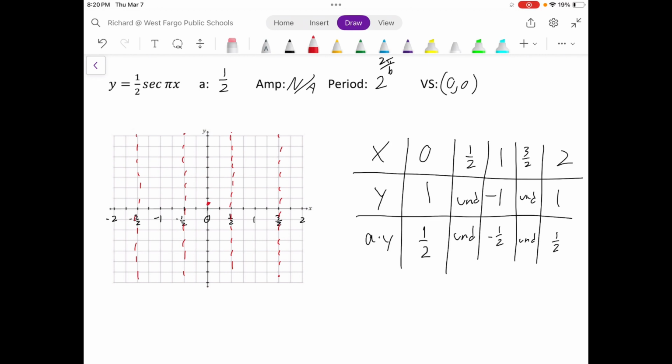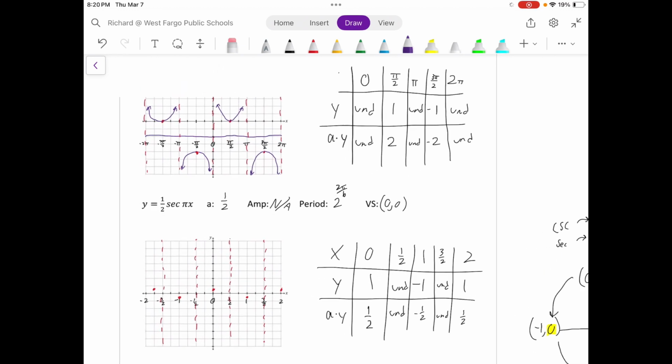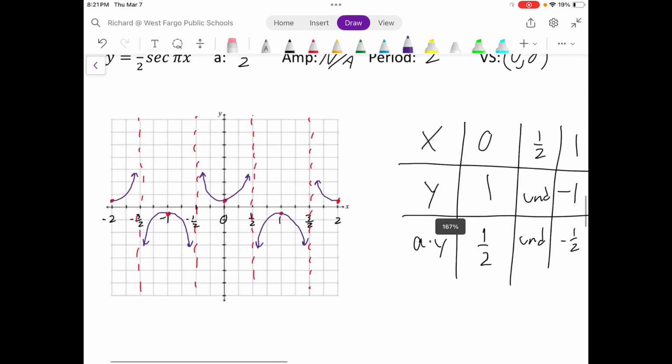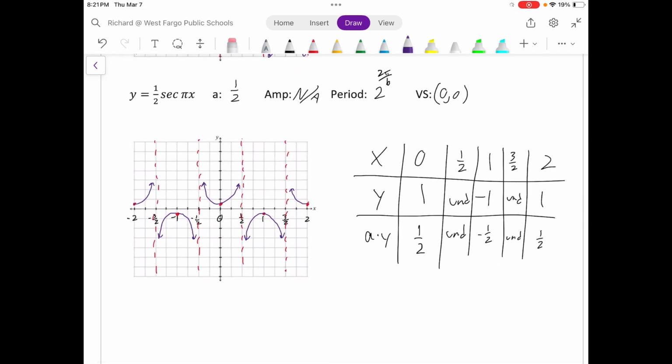At 1, we are at -1/2. And at 2, we are at 1/2. This pattern continues over into the negative side. And then if you remember from our cosecant problem above, we draw lines away and out. And your graph should look like this.